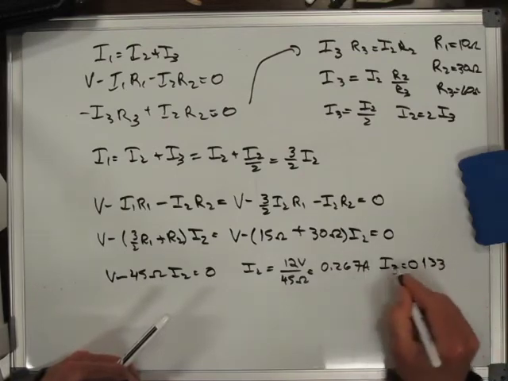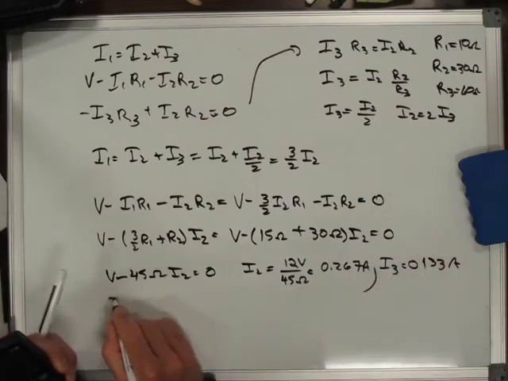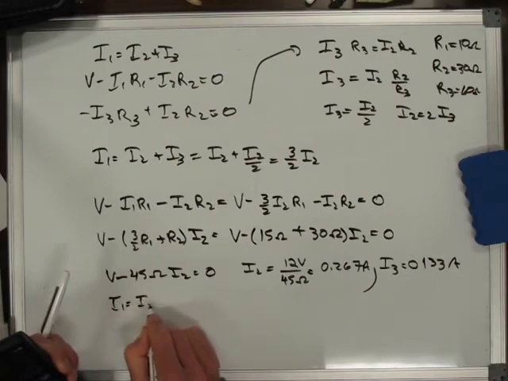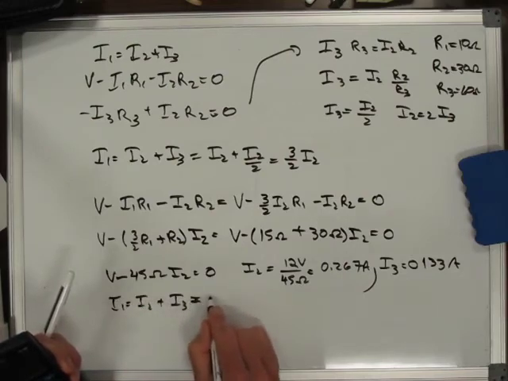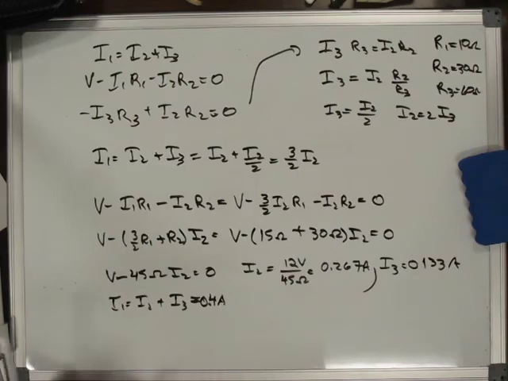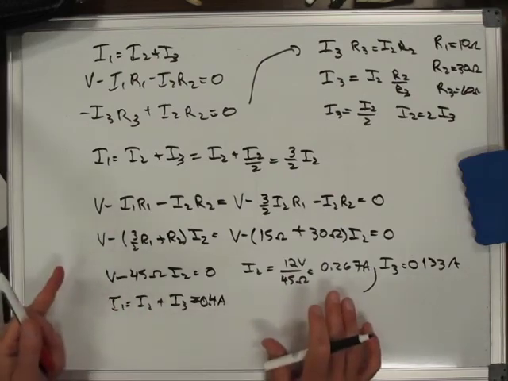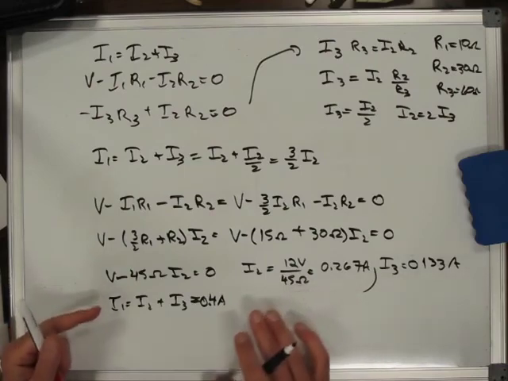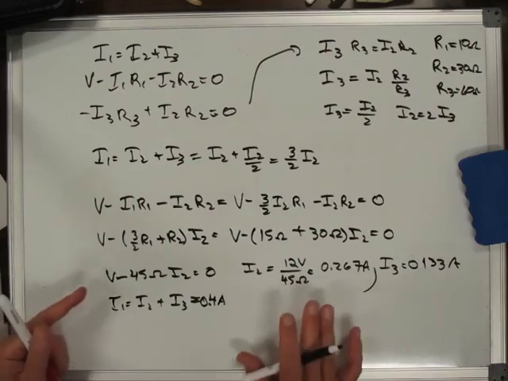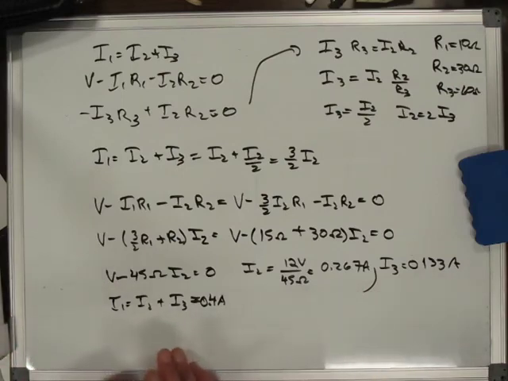Sorry, these are amps. And that means that I1 equals I2 plus I3 equals 0.4 amps. This is a lot of work for a simple series and parallel circuit, but once circuits start to get even a little bit complicated, this is how they're all done with Kirchhoff's rules.